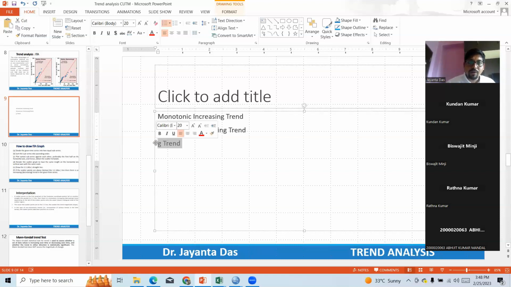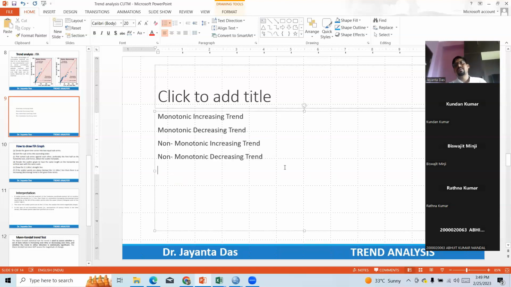Then non-monotonic increasing trend, then non-monotonic decreasing trend.